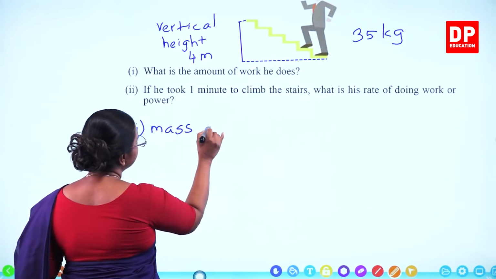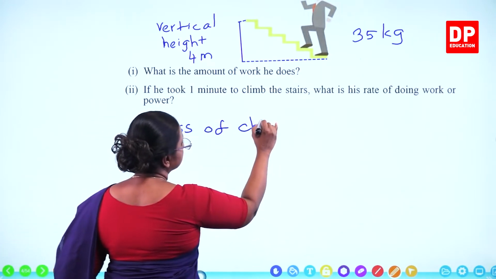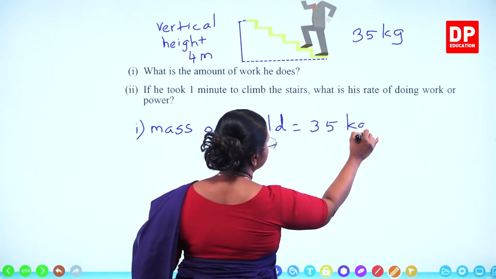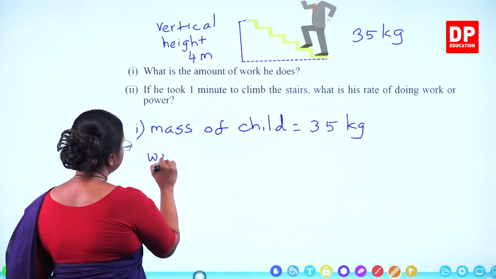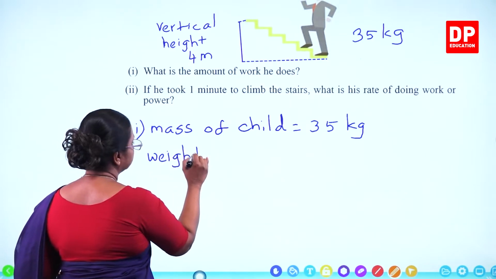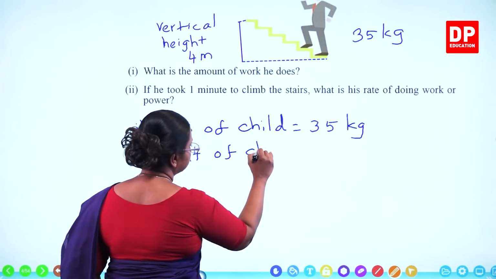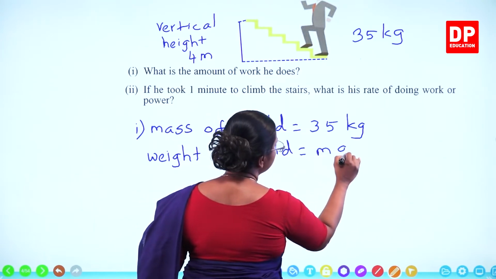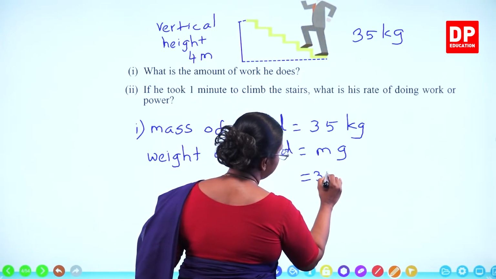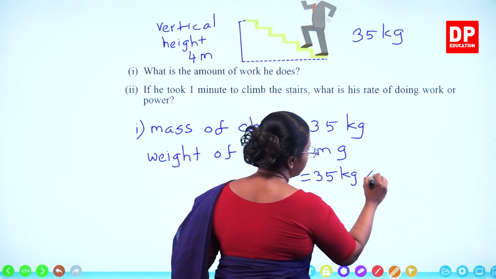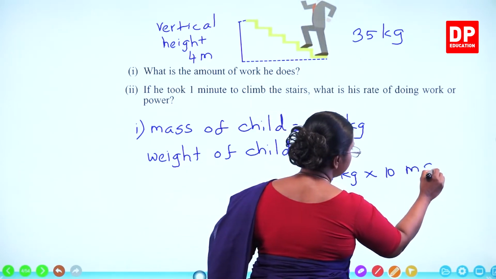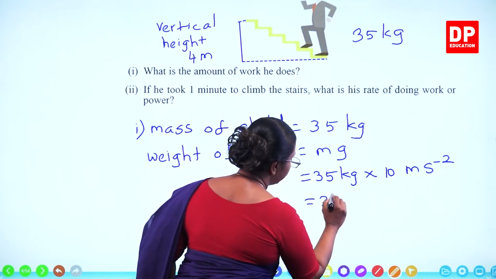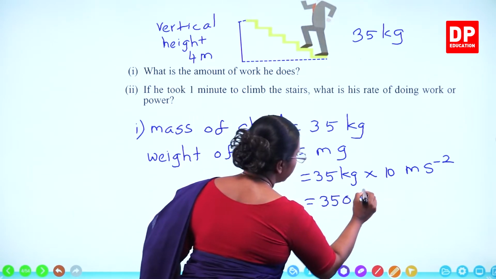Mass of child, 35 kilogram. Then weight of child, what is it? Mass into gravity. 35 kilogram into gravitational acceleration 10 meters per second square. So that is going to be 350 Newton.